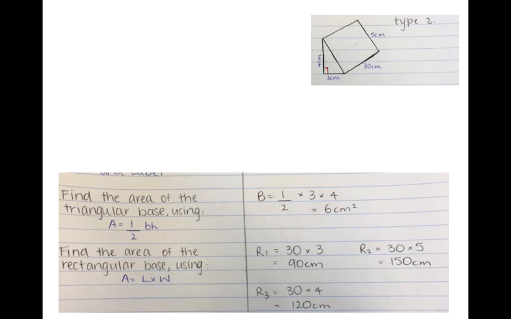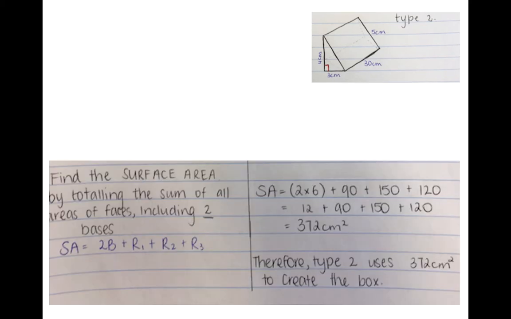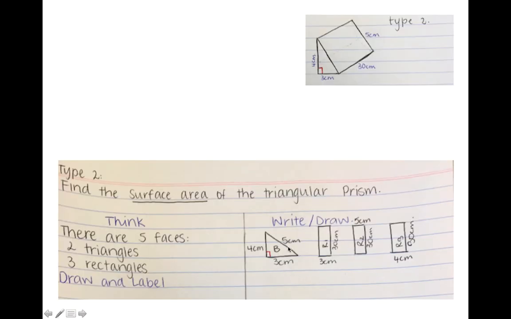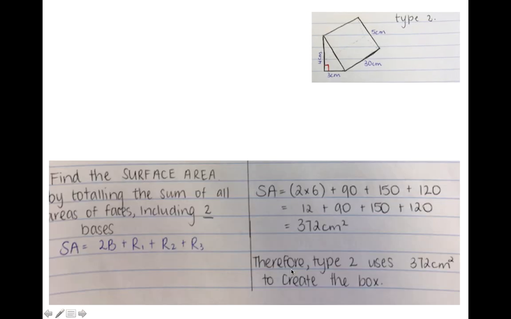We then need to find the surface area once again by totalling the sum of all the areas of faces, including 2 of the bases. As there are 2 of the triangles, and we've only calculated 1. So, surface area equals 2 times the base plus rectangle 1 plus rectangle 2 and rectangle 3.